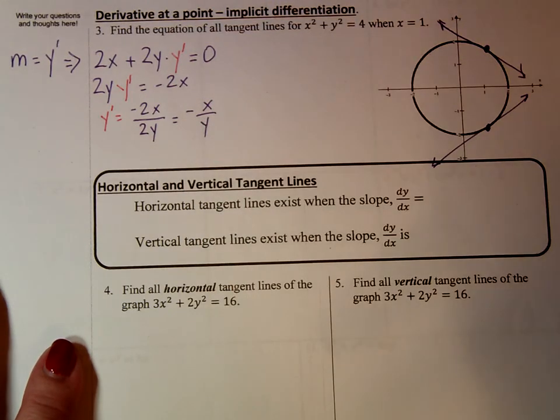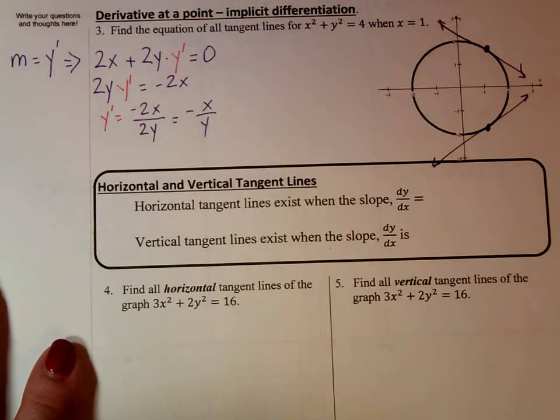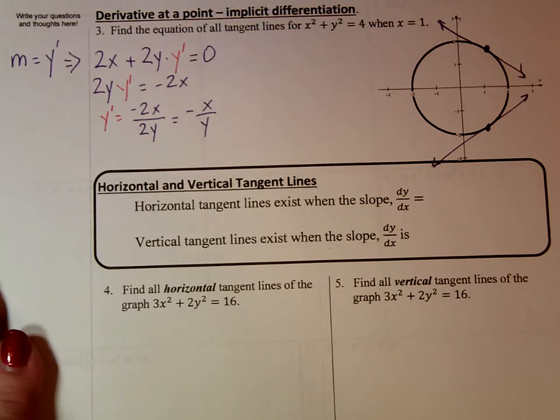So I need to figure out what the coordinate is, because I know what x is, but I don't know what y is. By the way, if I'm trying to put a tangent line together, I need to have solid numbers. I can't just leave it as an equation. So I need to know what this actually is in a number form of some sort, whether it be a fraction or whatever, but I can't just leave it as negative x over y.